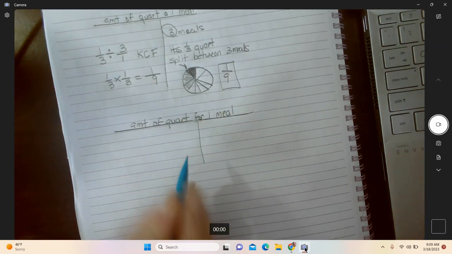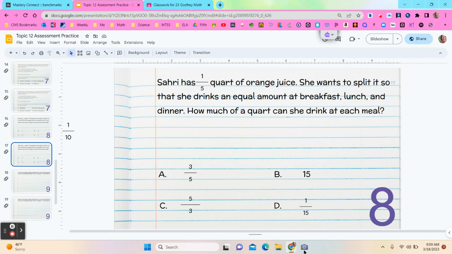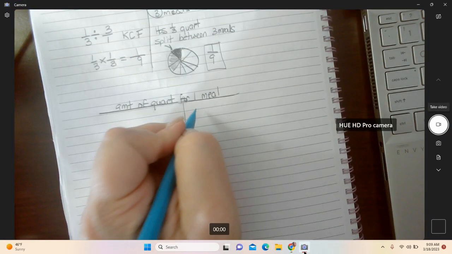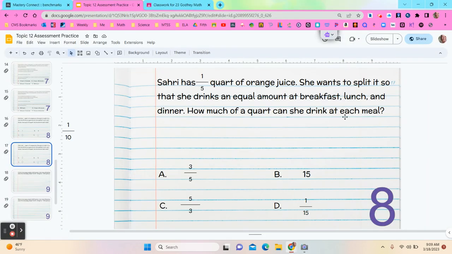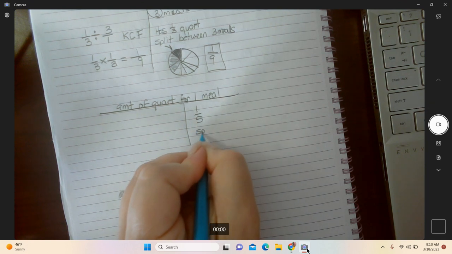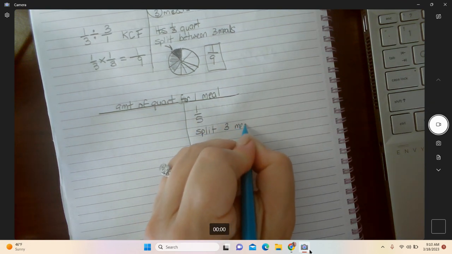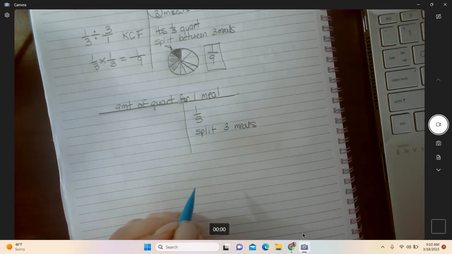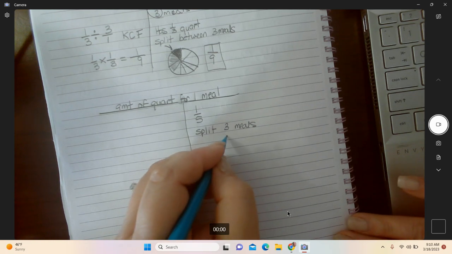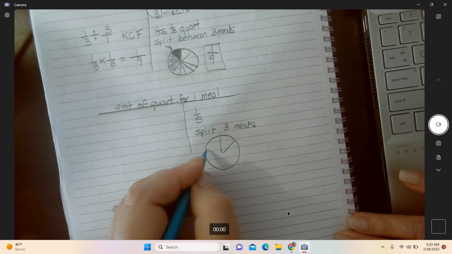All right, so now let's go back and see how many quarts she had. She had 1/5 of a quart to start. 1/5. And she again was splitting it up between breakfast, lunch, and dinner. Split between 3 meals. All right, so it looks as though we would do it the same way. We would make our little man to show a fifth.